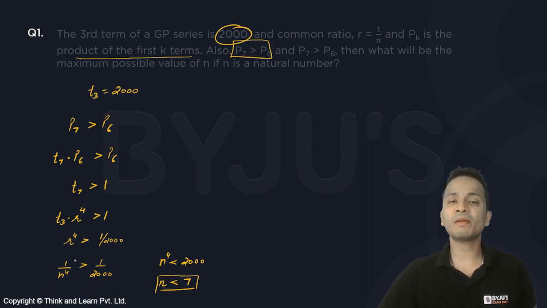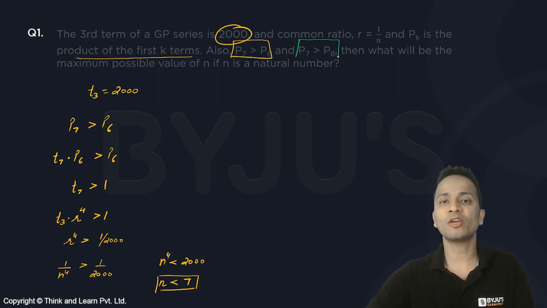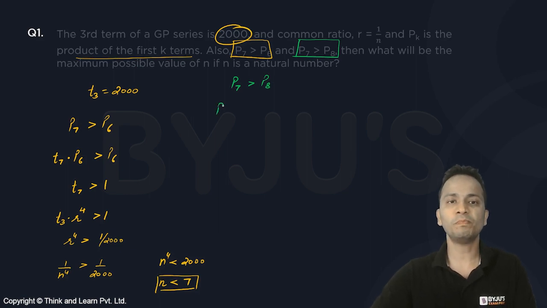Now in the similar manner I will take the second inequality which says P7 is greater than P8. Okay, so P7 as it is, which is greater than P8, that is T8 multiplied by P7. Now P7 can be cancelled out from both sides without changing the sign of inequality. So I can write that T8 is less than 1.